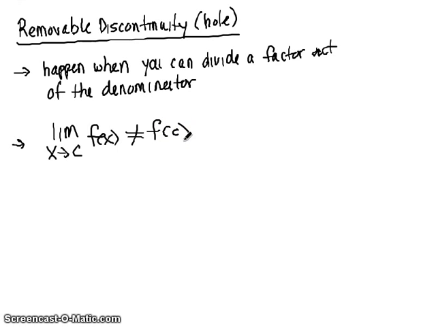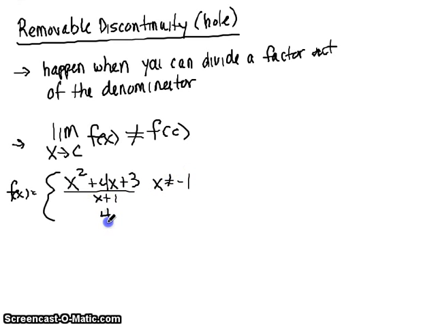So an example would be if we take that same function we just dealt with, f of x is the piecewise function (x squared plus 4x plus 3) over (x plus 1) when x does not equal negative 1, and let's change it to 4 when x does equal negative 1. If you take the limit, we know from the last slide that the limit as x approaches negative 1 of f of x is going to be 2.